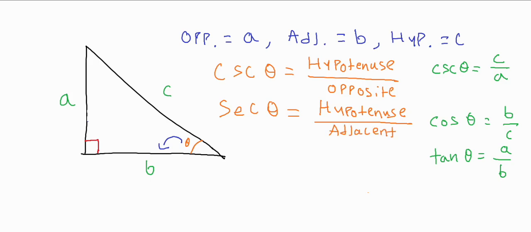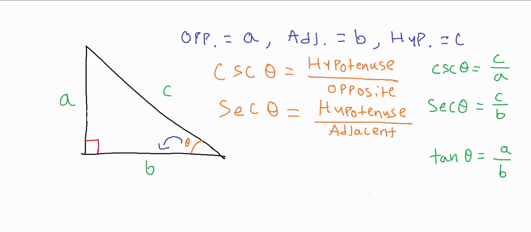And if we want to evaluate secant of theta, since you know it's hypotenuse over adjacent, hypotenuse is c and adjacent is b. So c over b.